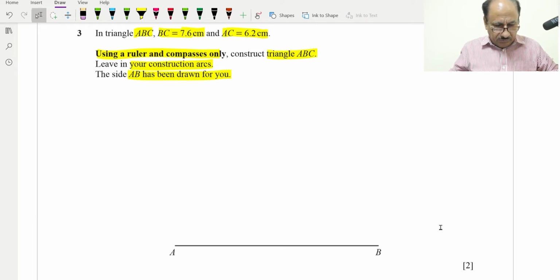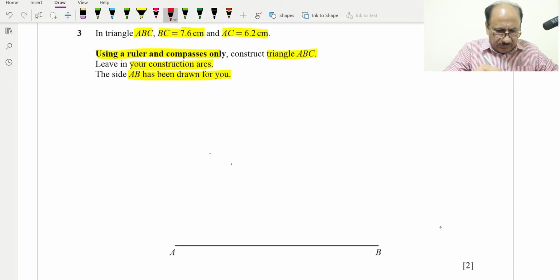So we'll have to basically make an arc of 6.2 centimeters. What we can do is take 6.2 centimeters from A. I'll be making some marks because I'm solving this one with a computer.